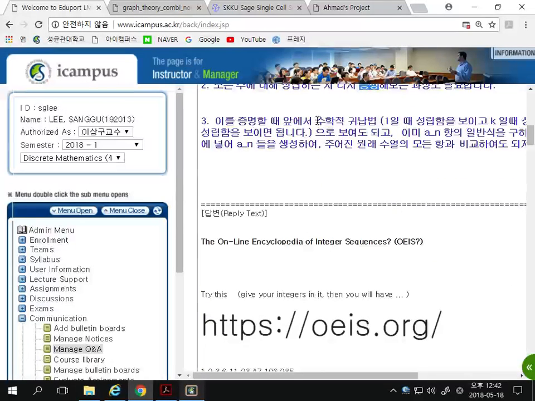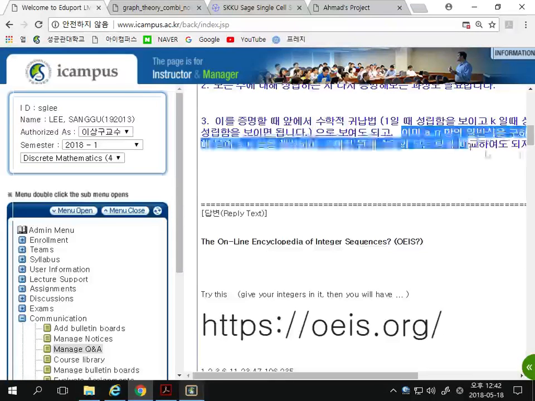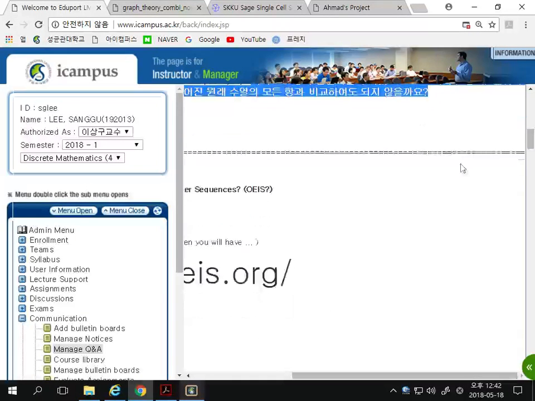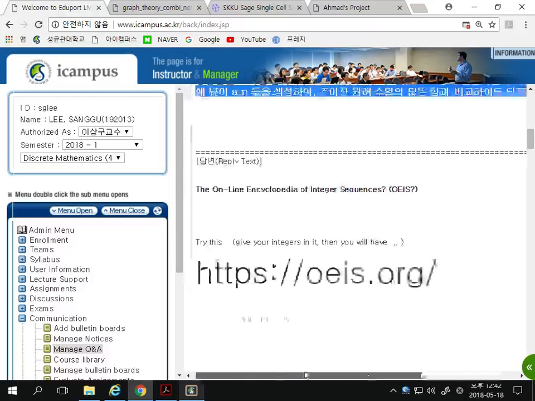In that case, we need mathematical induction to check it. But also, if you have a general term for a_n, then you can easily generate the whole list of integers and compare it with the given sequence. You can easily check all the given terms. If everything matches, then it's done. So there are several other ways.